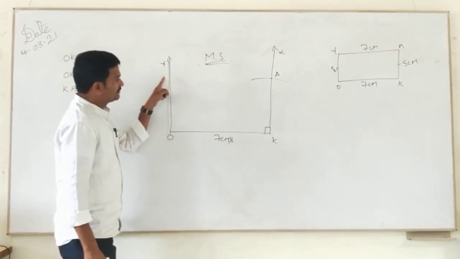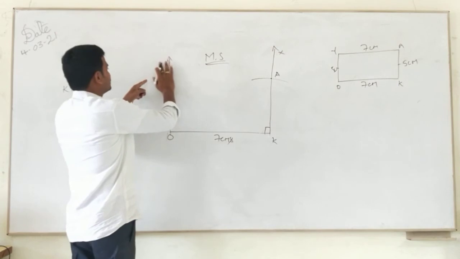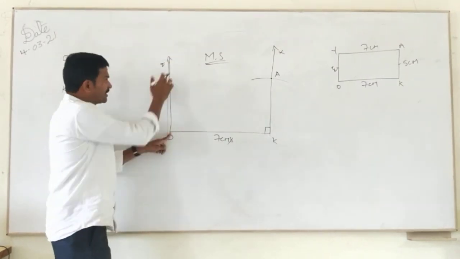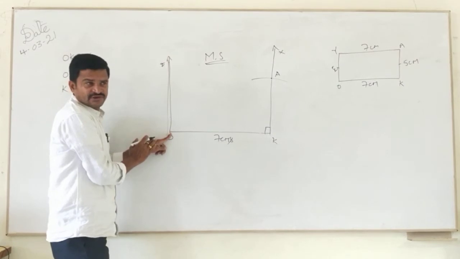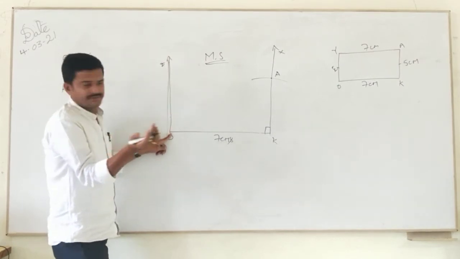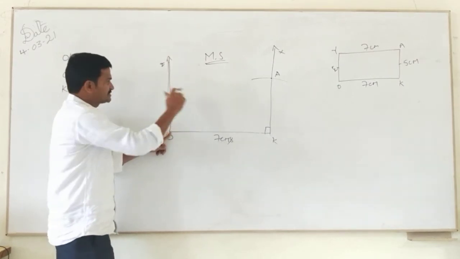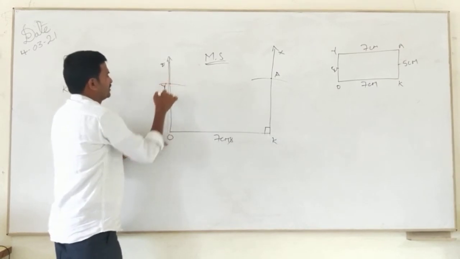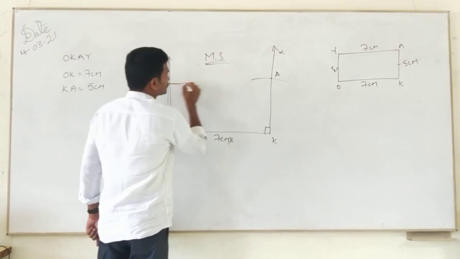We need vertex Y. From O to Y is also 5 only, so again draw an arc of 5 centimeters radius. This is Y. Now join these two.